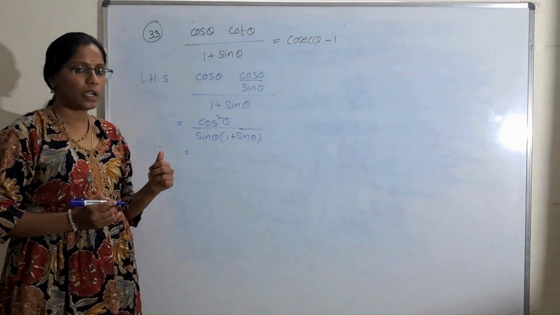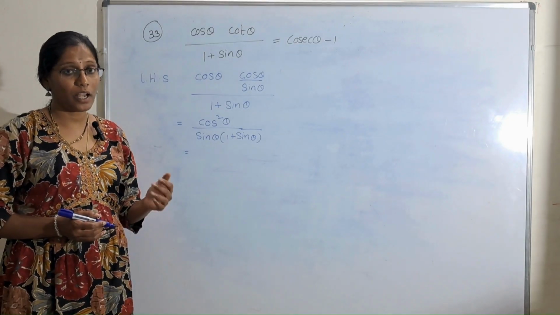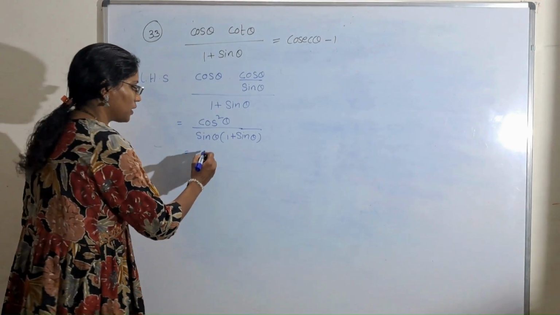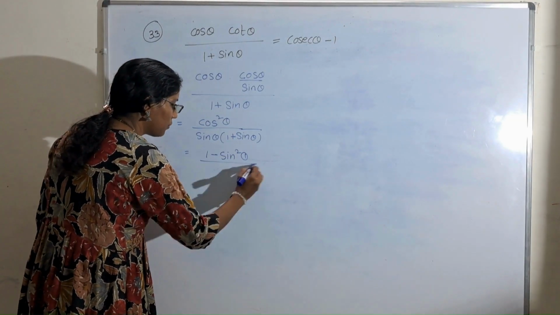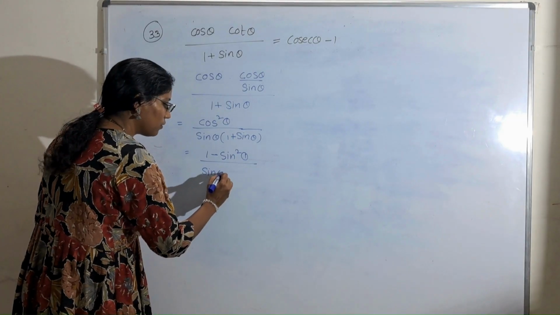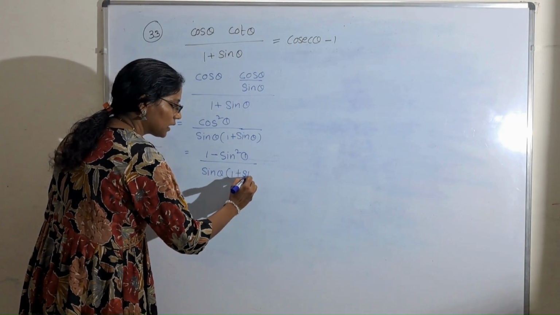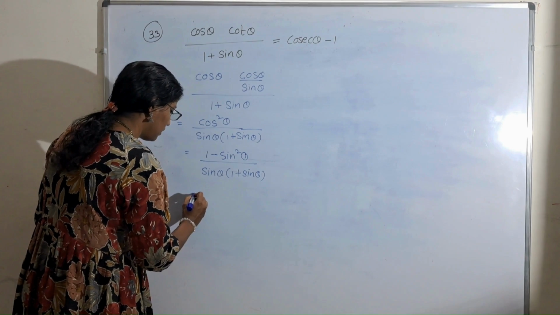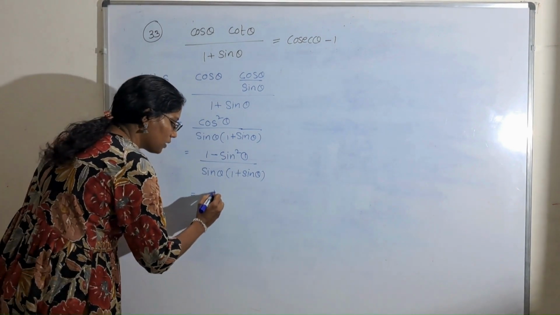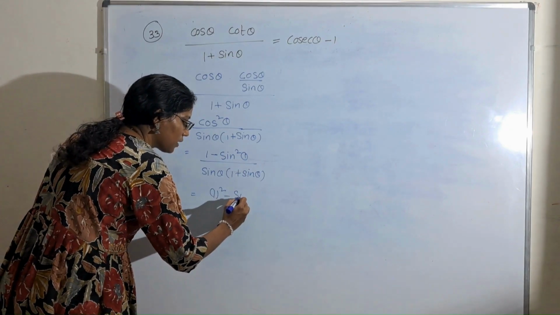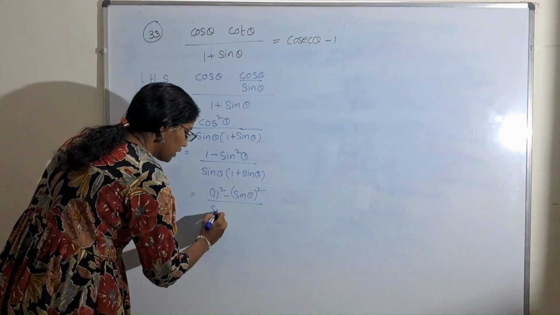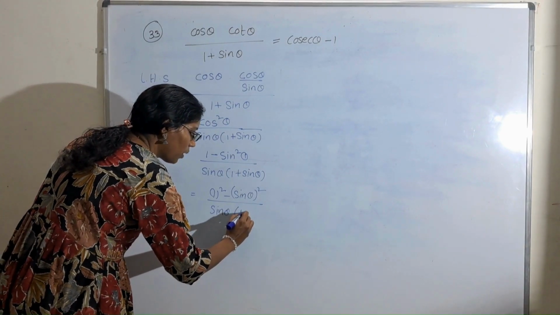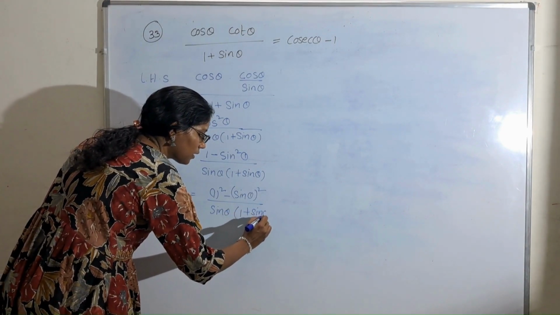Cos square theta we have to write in terms of sin. We have first identity that we can use. 1 minus sin square theta by sin theta of 1 plus sin theta. Here 1 square minus sin theta whole square we can write, sin theta of 1 plus sin theta.